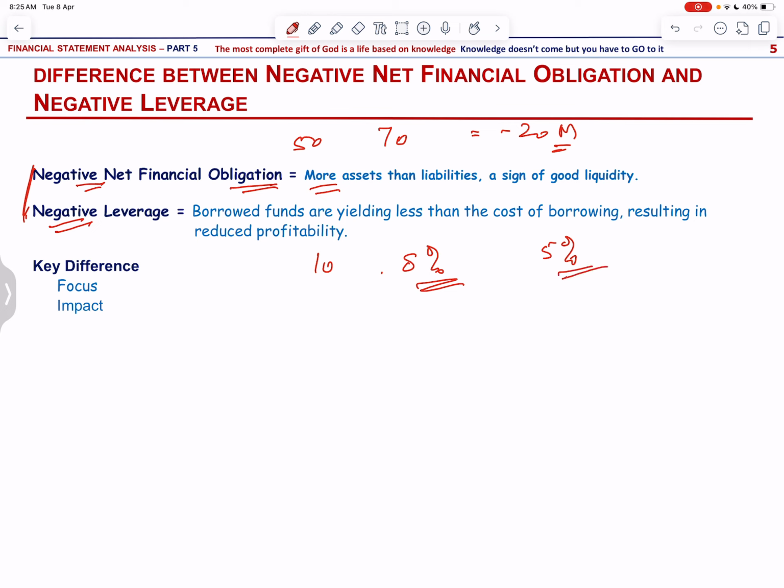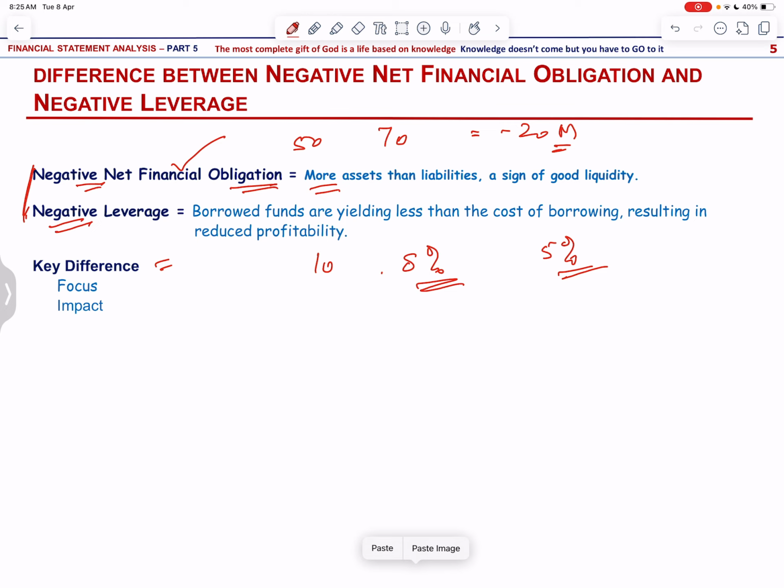So, the key differences: first is the focus. Negative net financial obligation is more about a company's overall financial health, specifically the relationship between its liquid assets and liabilities. Negative leverage deals with the efficiency of borrowing and investing and focuses on whether borrowed funds are generating a positive or negative return.